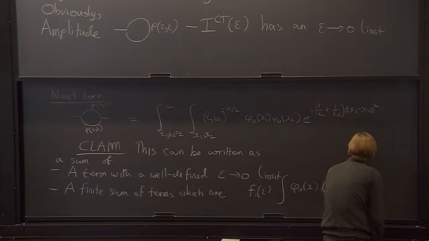At higher loops, you'll find much more complicated functions like polylogarithms. At one loop, things are easy. What's that? Log squared? That doesn't appear at one loop. It can appear at higher loops, I think.